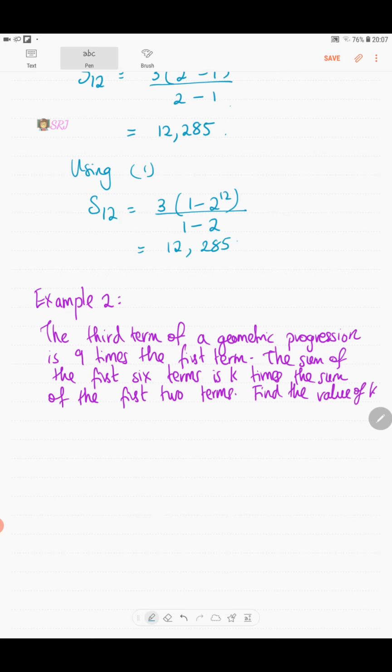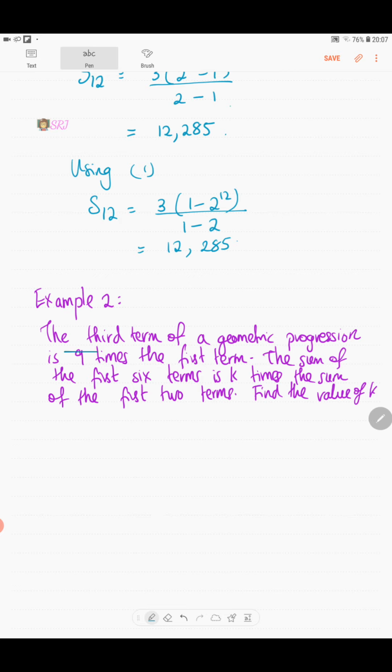Now we have a second example. The third term of a geometric progression is 9 times the first term. The sum of the first 6 terms is k times the sum of the first 2 terms. Find the value of k.